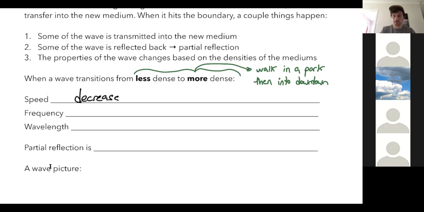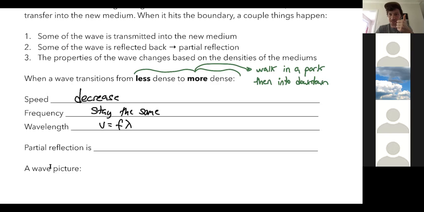The frequency, how often the waves come, is a property of what's creating the waves, so that is going to stay exactly the same, because where the waves come from doesn't change, even though where the waves go does.